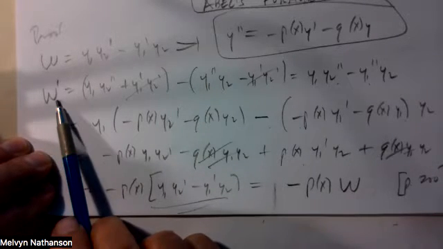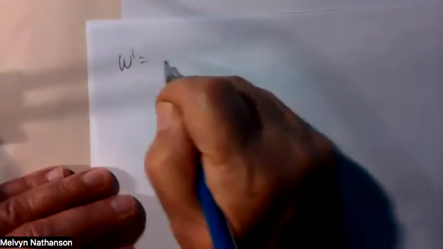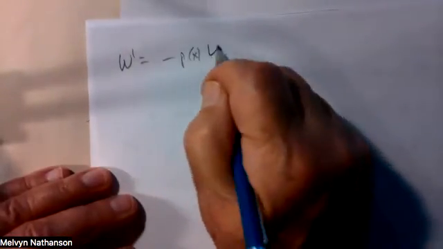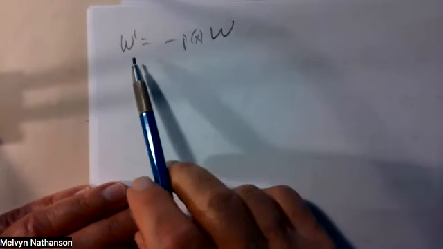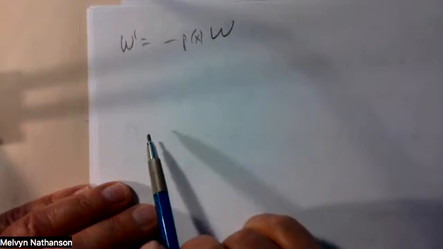So this is exactly the calculation which is done in the book on page 200. You're supposed to be reading the book, and you can go through and see this in more legible detail if you like. But what this says is the Wronskian W is a function of x, and it satisfies a first order condition. That is, W prime is equal to minus p of x times W. And this is a first order linear differential equation, which is separable.